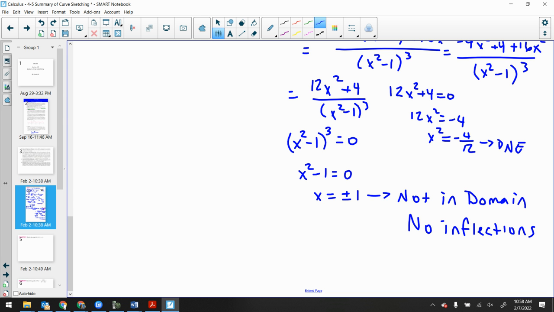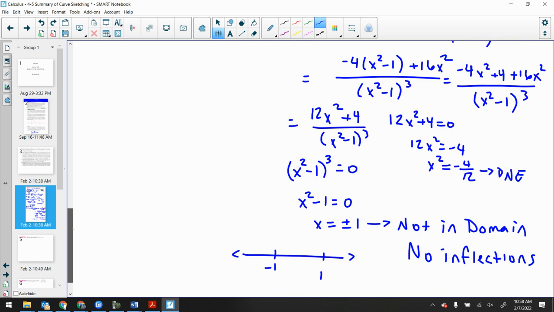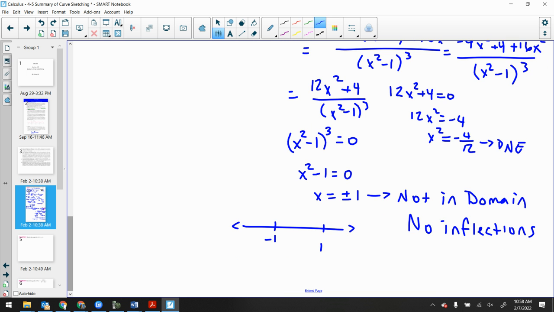Now, could we still run the concavity test to see what's going on? Of course. And I'm going to still do that. Spoiler alert. This would be positive, negative, positive when we plug it back into the double derivative.